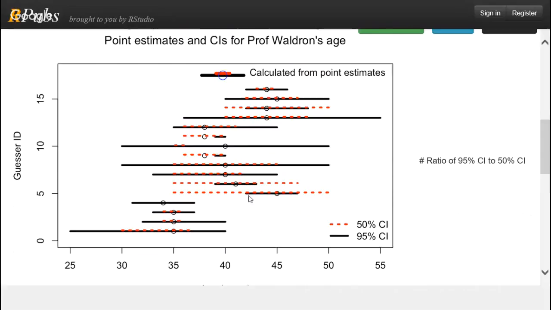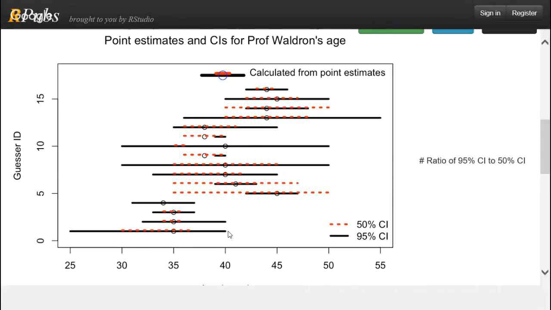Okay. And what you see here, like the difference between this third guess and this first one, is a difference in confidence. This person is very confident in their ability to guess my age, and this person is less confident in their ability to guess my age.